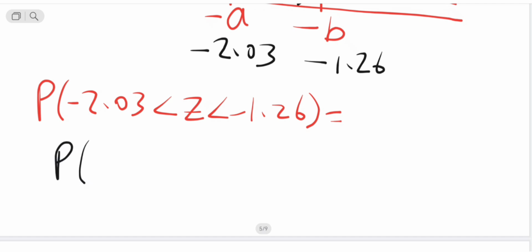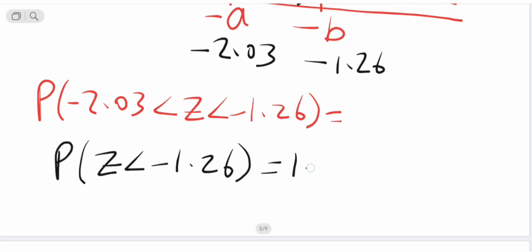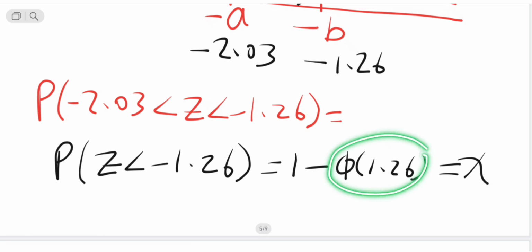Probability of z less than minus 1.26: it is less than and negative, so what will you do? You will do the same thing, 1 minus probability of 1.26, whatever answer you get, that will be equal to x. You check this in the table of z, 1 minus this, that is equal to x.